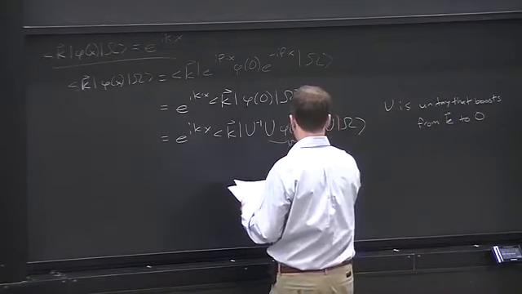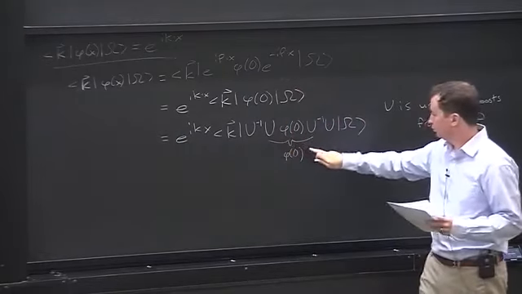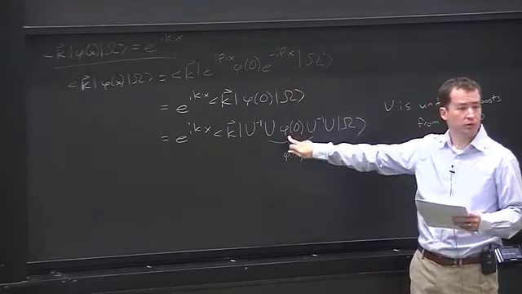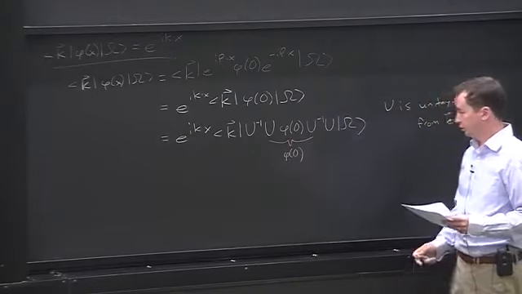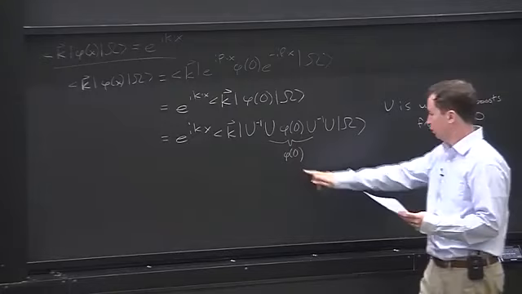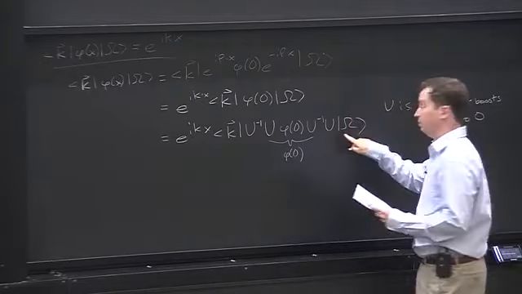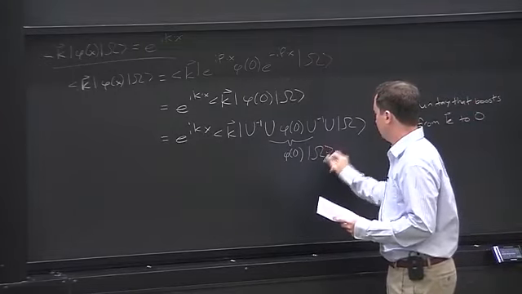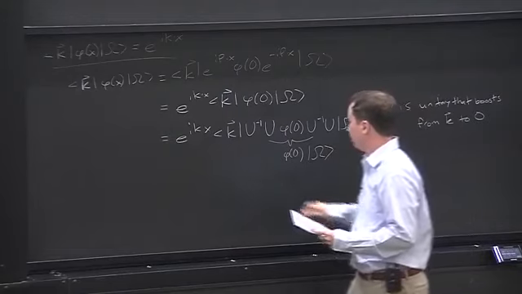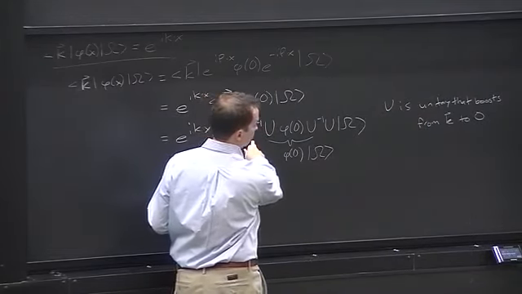This is how you'll boost the field operator. So this is a boost of phi of 0 as a scalar, so its boosted version is unchanged. The vacuum is invariant under boosts. So over here we just get omega. And here we're going to boost from k to 0.